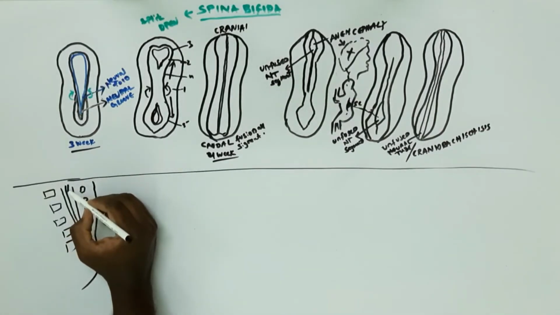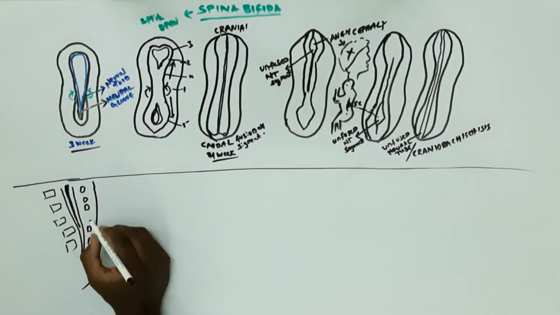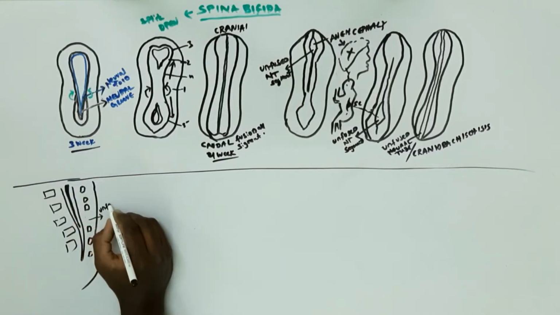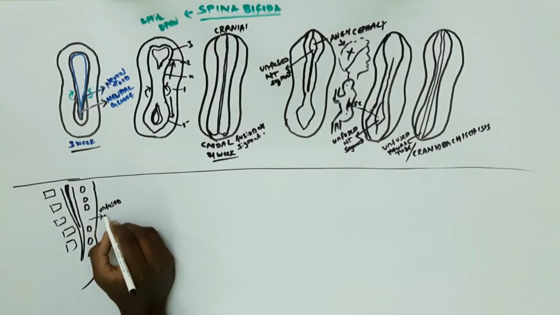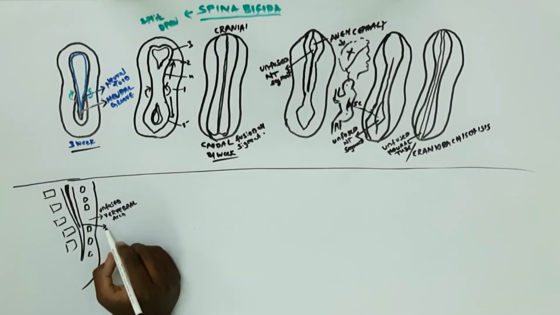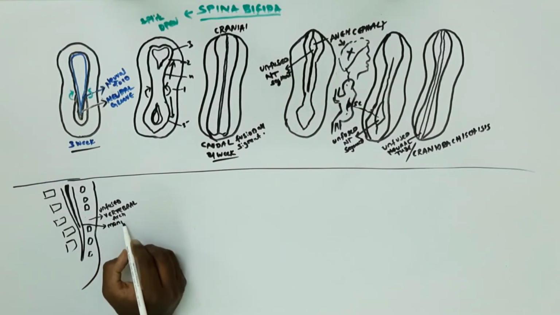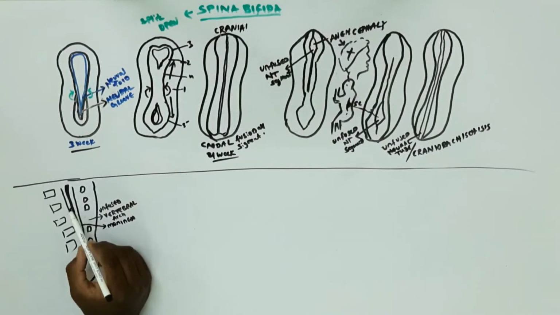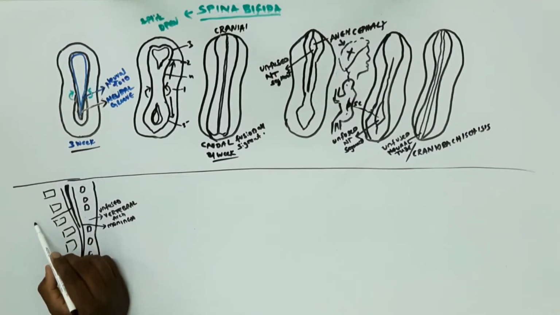Now we'll see the types of spina bifida. The first type I'm showing you right now is spina bifida occulta, where there is an unfused vertebral arch. The outer part of the vertebrae has not completely joined, leaving an opening. In this case the meninges are inside and not protruded out, and the spinal cord is also inside.